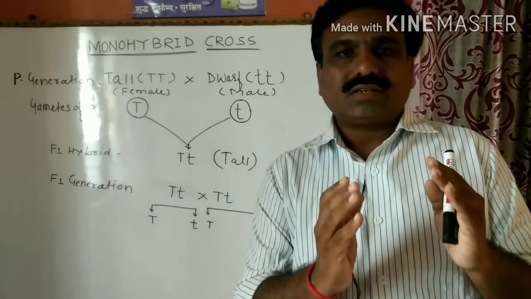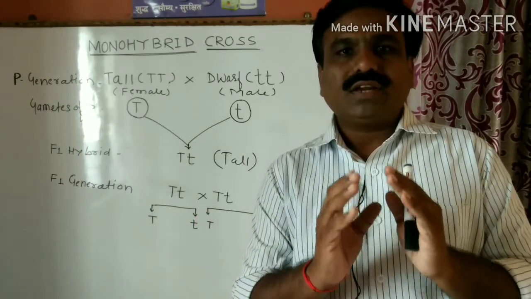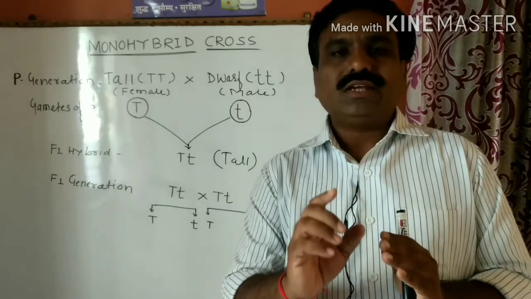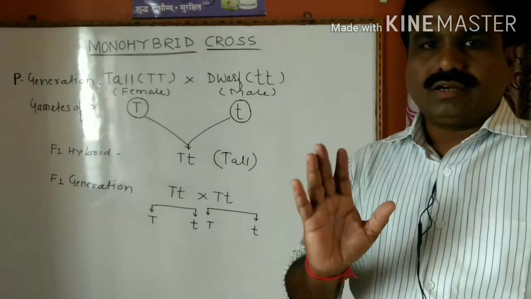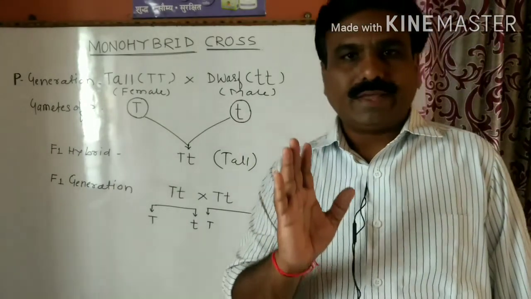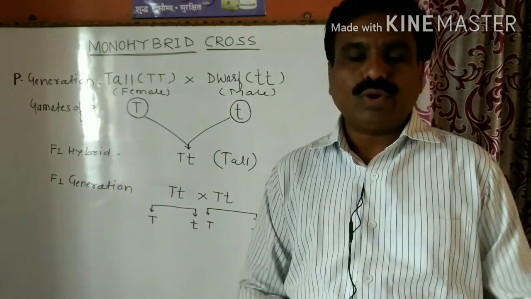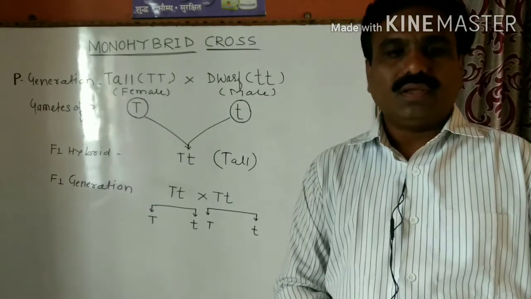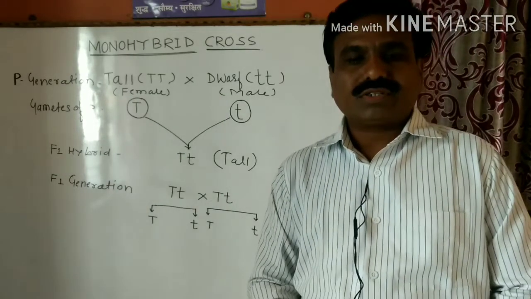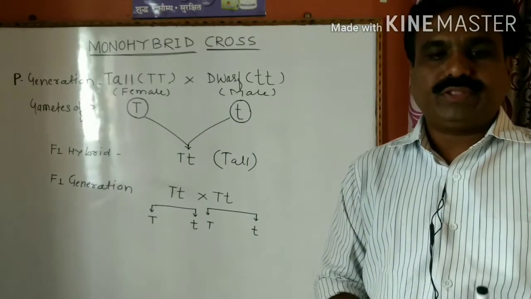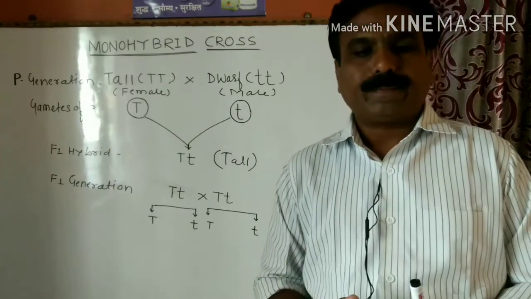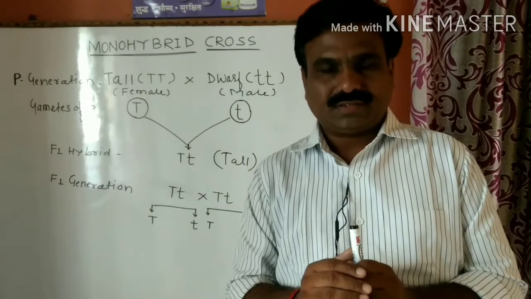In this cross, we consider only one pair of contrasting characters in an experiment, so it is called the monohybrid cross. In other words, it is a cross between two pure parents.